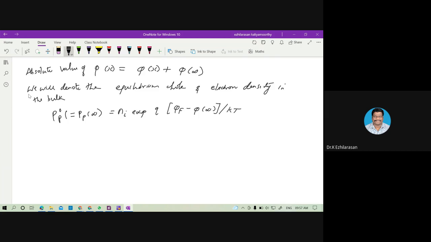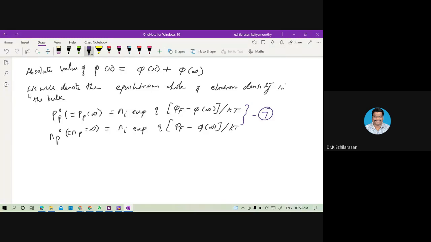Similarly np0 at x equal to infinity, same as already written, is equal to Ni exp e to the power phi f minus phi of infinity divided by kT. Both I will consider as equation number 7.